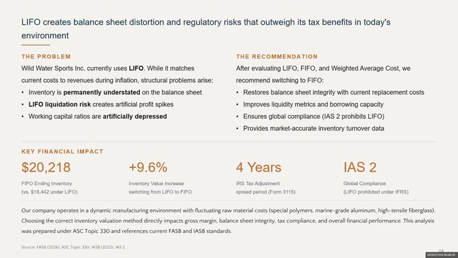By recording the earliest inventory costs on the balance sheet, LIFO results in a permanent undervaluation of inventory book value. It also triggers unexpected profit surges during inventory liquidations, passively increases current liabilities, reduces working capital ratios, and distorts the company's actual liquidity position.